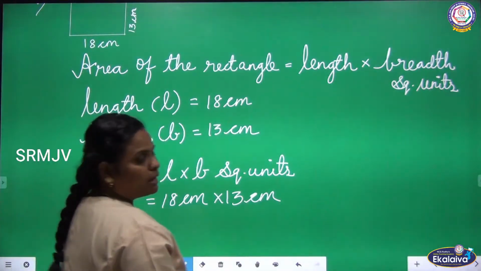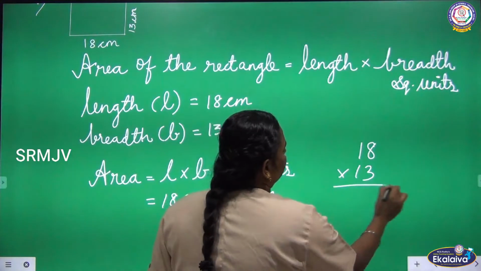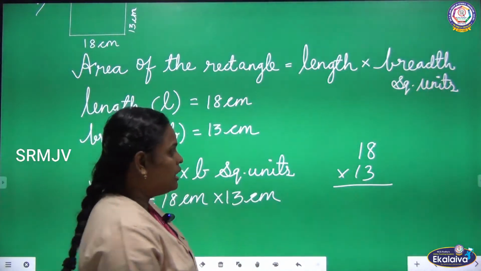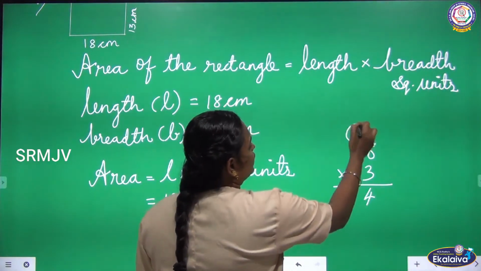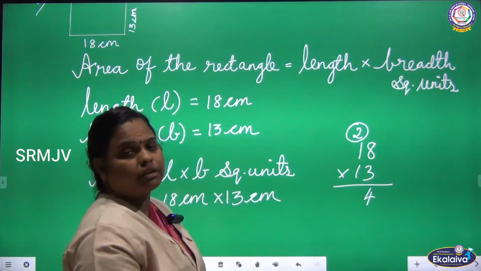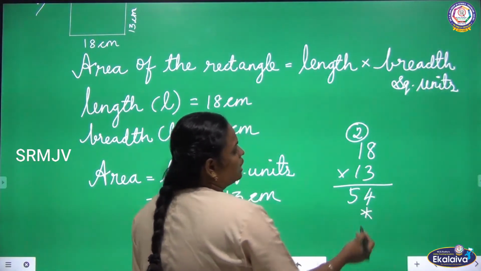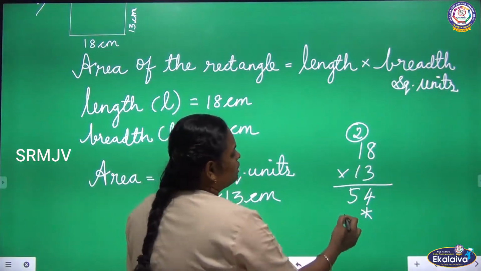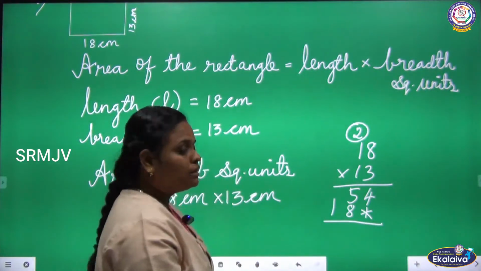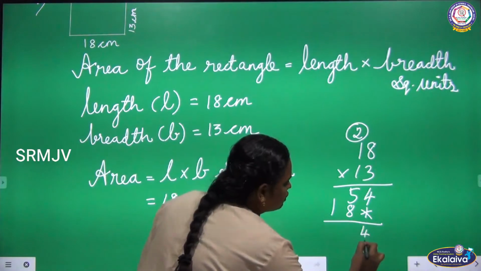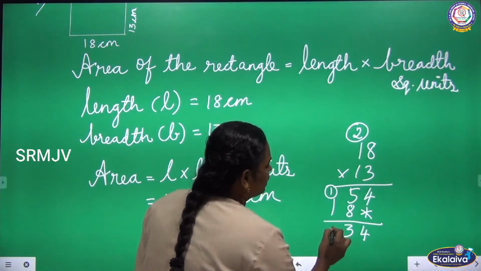Shall we multiply 18 into 13? If you multiply, 3 8s are 24, so 4, 2 carry over. Then 3 1s are 3, 3 plus 2 is 5. Next 1 8 is 8, 1 1 is 1. Now if you add, 4, 5 plus 8 is 13, so 3, 1 carry over.